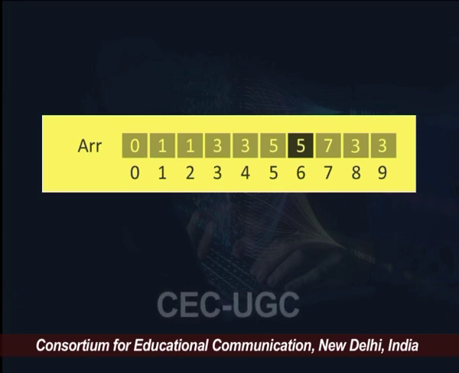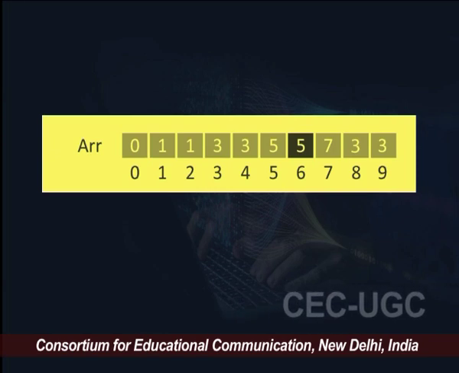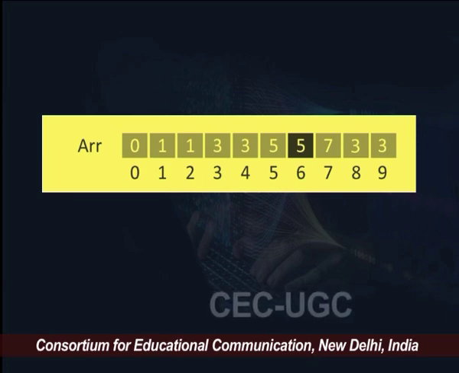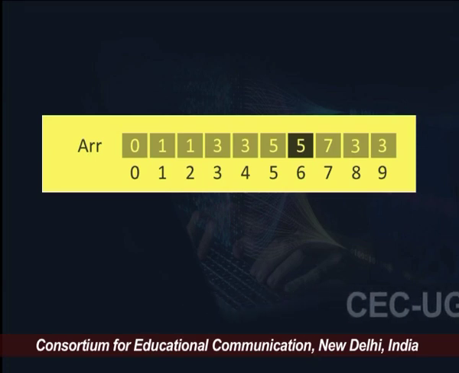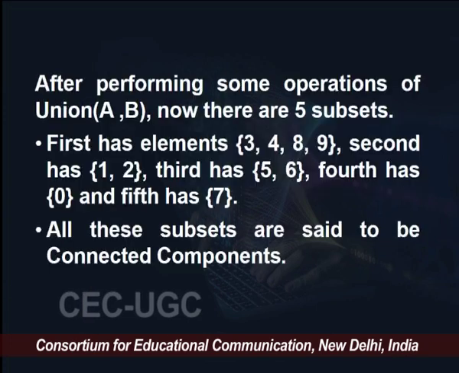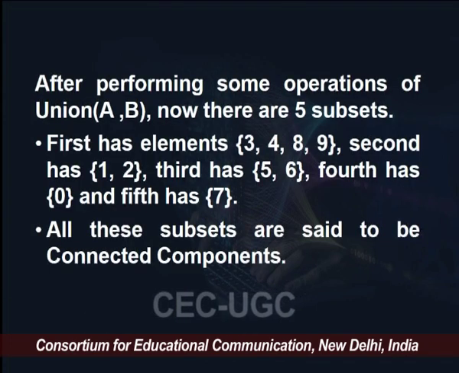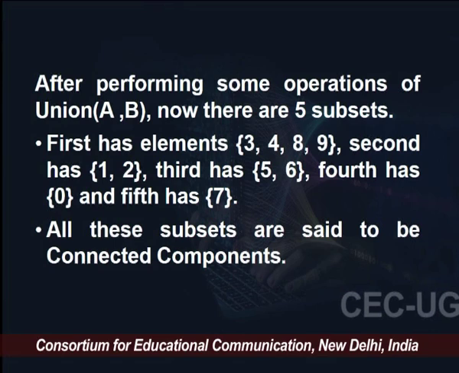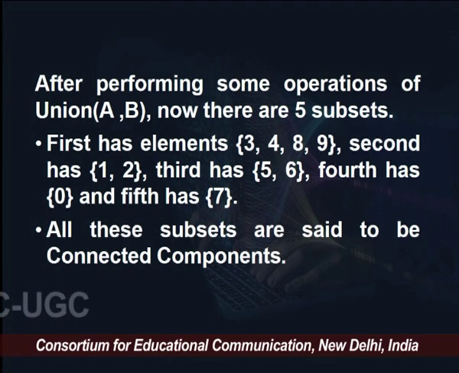The fourth set in the list has 2 elements 5 and 6, and the representative element is 5, and the fifth set has 7 as the only element, and as it is the only element, the representative element is also 7.